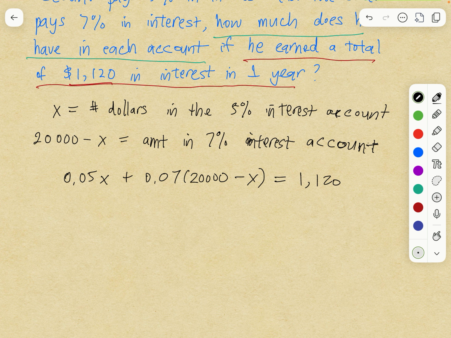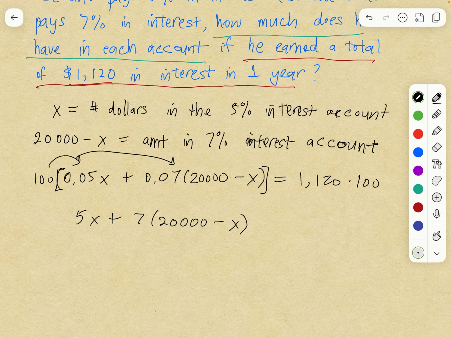For this equation, we can get rid of the decimals by multiplying both sides by 100. I'm multiplying 100 by a sum, so you distribute the 100, which gives you 5X plus 7 times 20,000 minus X. And this is equal to 1120 times 100, which is 1120 followed by 2 zeros.